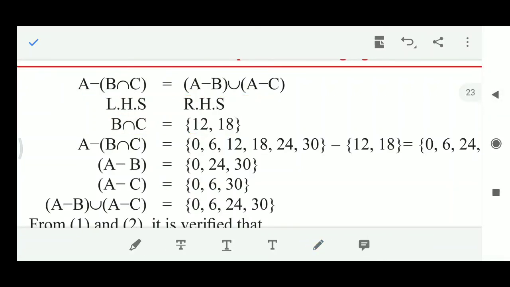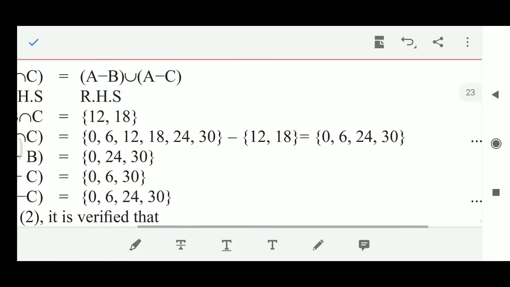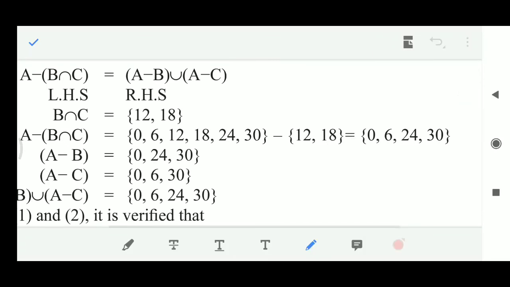For that, set A contains 0, 6, 12, 18, 24 and 30. If we eliminate the 12 and 18, the remaining elements in A are 0, 6, 24 and 30. So A minus (B intersection C) is equal to 0, 6, 24 and 30.